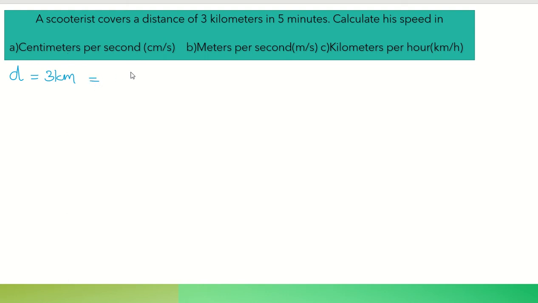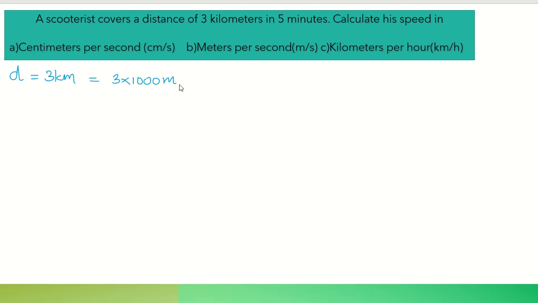3 kilometers is 3 into 1000 meters. Conversions are very important because in many questions we get conversions from different systems of units to the other ones. Okay, so we are going to convert 3 kilometers into meters. To convert kilometers into meters, we have to multiply that value with 1000.